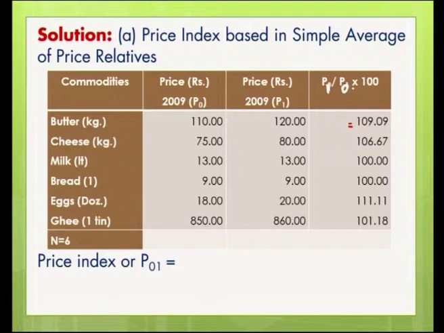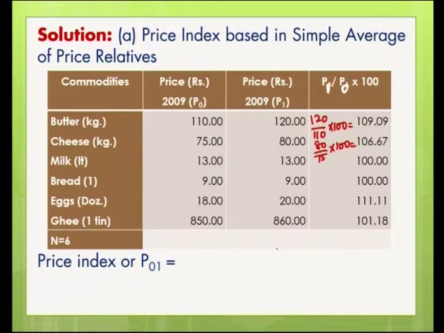This is P1 by P0 into 100. The 109 is calculated as 120 by 110 into 100 is equal to 109, and similarly 80 by 75 into 100, P1 by P0 into 100 is equal to 106.67.